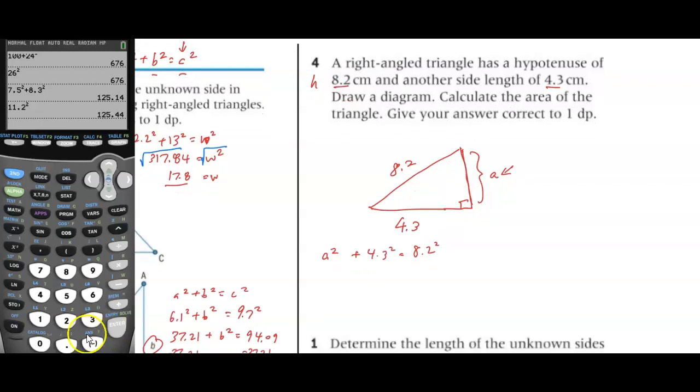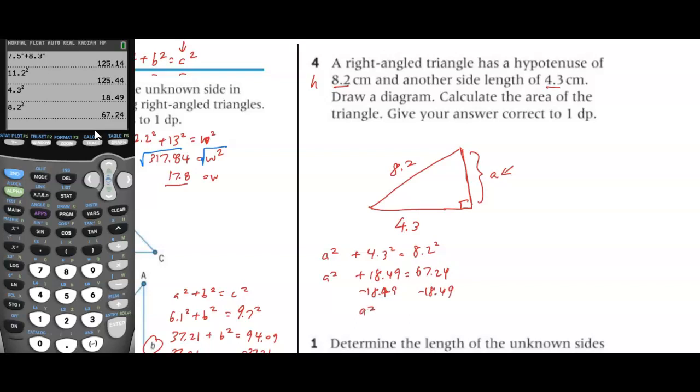So let's find 4.3 squared and 8.2 squared on the calculator. And then we'll plug those in. So we have a squared plus 4.3 squared, which is 18.49, equals 8.2 squared, which is 67.24. We're going to subtract 18.49 from both sides.